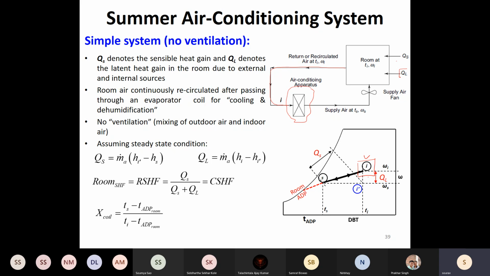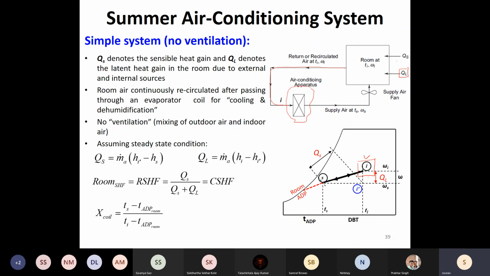Whereas if you look at the latent load, the major contributor is of course the presence of human beings, and it is very prominent in halls, commercial spaces or office complexes where a large number of humans are present in a small footprint area.